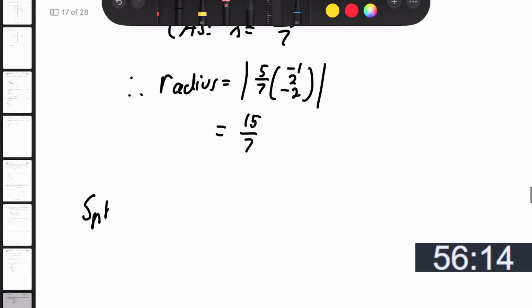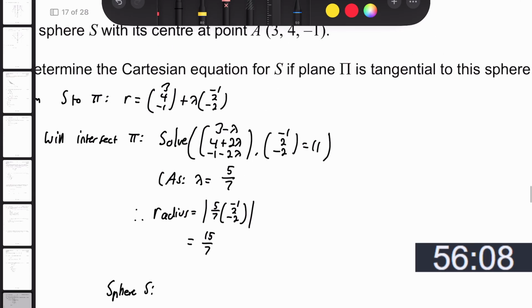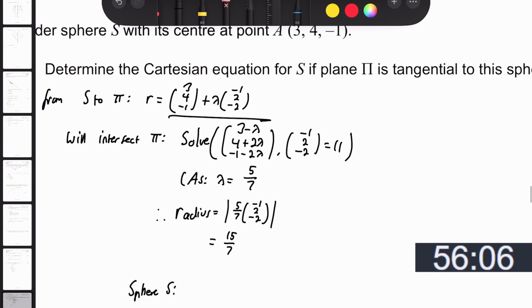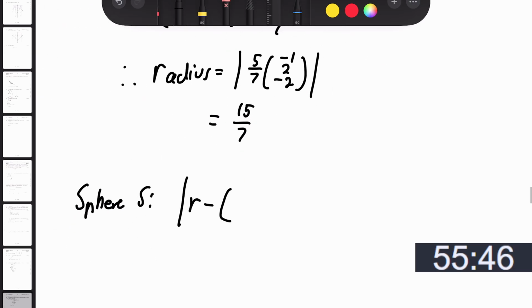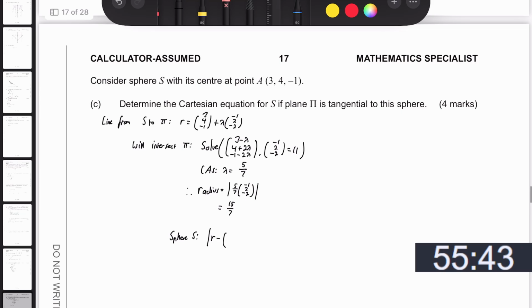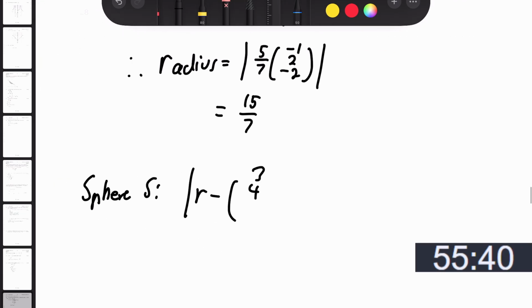So then sphere S found when it will intersect and how far it is away. Okay, so then this would be when r minus 3, 4, negative 1 is going to equal 15 on 7. That's my radius.